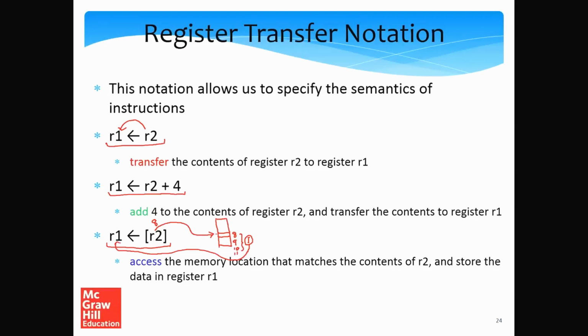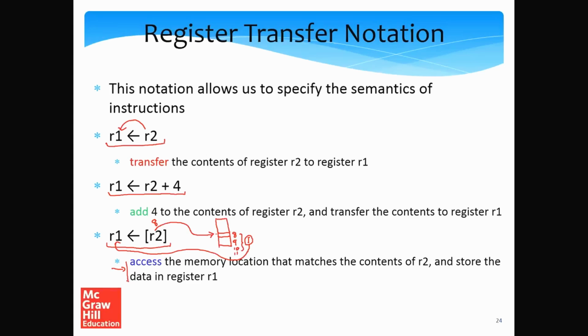So in this case, we are actually accessing a location in memory. The address of the location is specified in register R2. If we read the definition mentioned over here, it says we access the memory location that matches the contents of R2. In the example, the contents of R2 are 8.